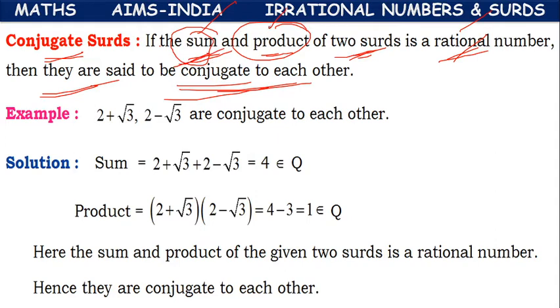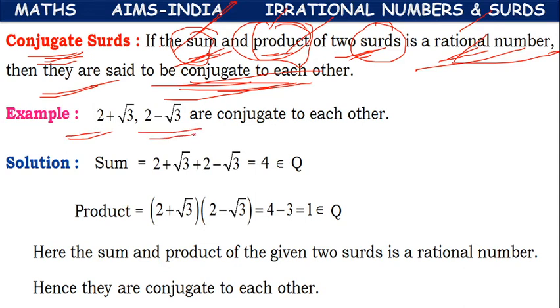In the rationalizing factor, we have considered only the product. But here in conjugate surds, both the sum and product of two surds must be rational numbers. Then only they are said to be conjugate. So we have 2 plus root 3, 2 minus root 3. Let's check whether they are conjugate to each other or not. 2 plus root 3 plus 2 minus root 3. Add. Root 3 cancels. 4.